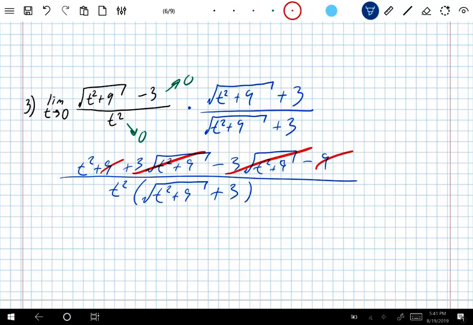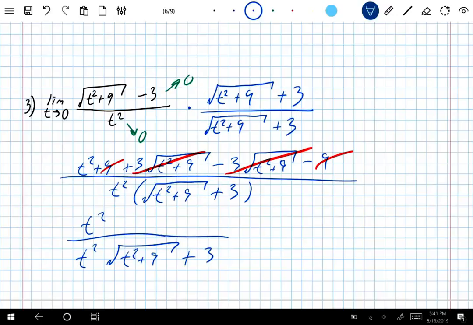I'm going to go a little bit slower here now and say this is t squared over t squared times the square root of t squared plus 9 plus 3. I'm going to also back up and include this limit. You should always include those limits until you've actually taken something out of it. Leads to a lot of confusion on both ends if you don't. And always use those parentheses.